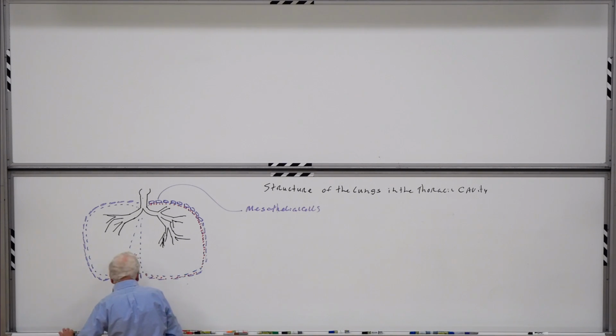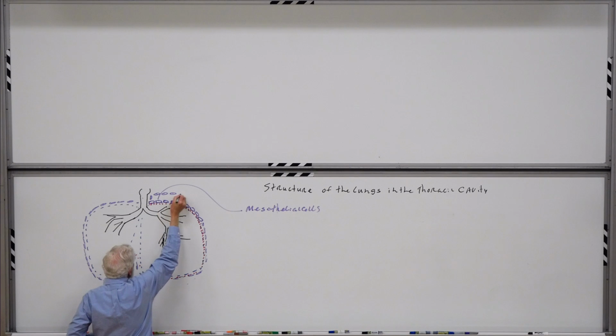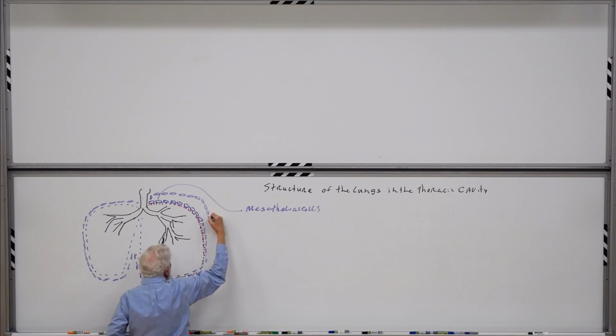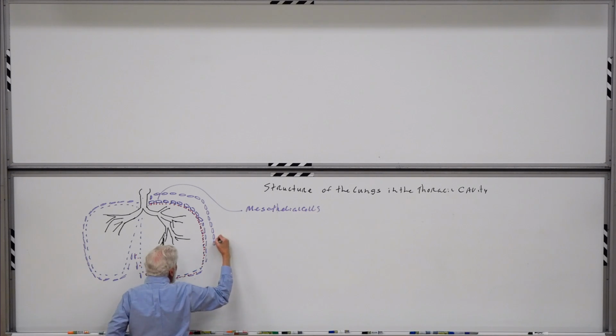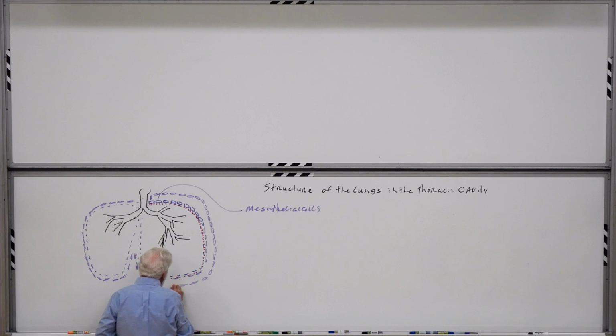But the layer of mesothelial cells then folds back on itself. And then there'll be another layer of mesothelial cells whose basal membrane is attached to the body wall.